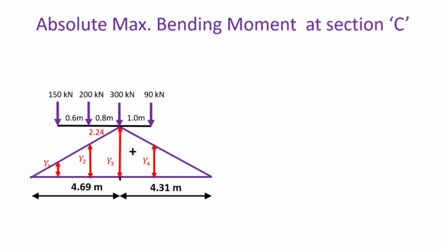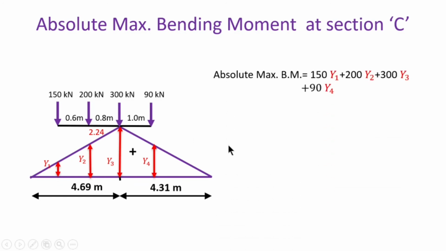The next question is how to calculate the absolute maximum bending moment. Here the absolute maximum bending moment is equal to 150 into y1 plus 200 into y2 plus 300 into y3 plus 90 into y4. Using symmetric triangles, we calculate y1, y2, y3 and y4.